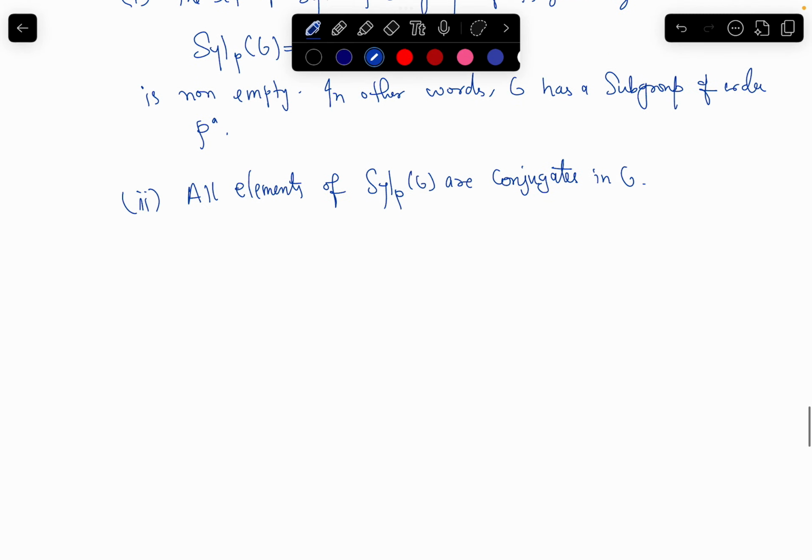Lastly, the question is how many of them are present. So the number of Sylow p subgroups will be denoted by n subscript p, and it is the cardinality, in fact the size, of the set.